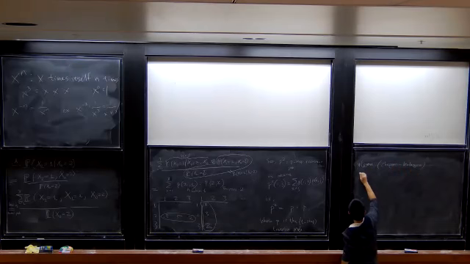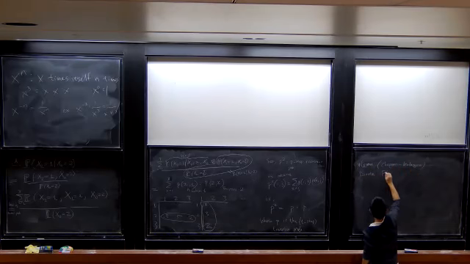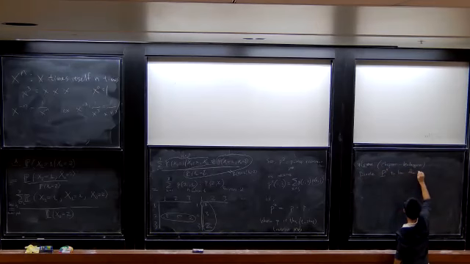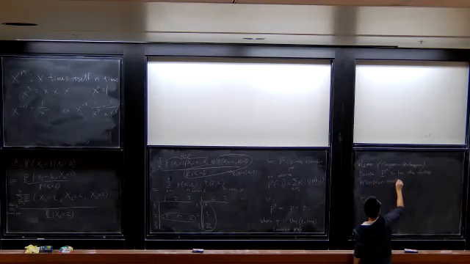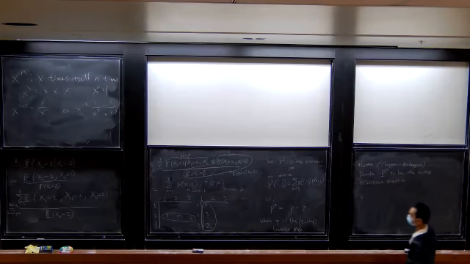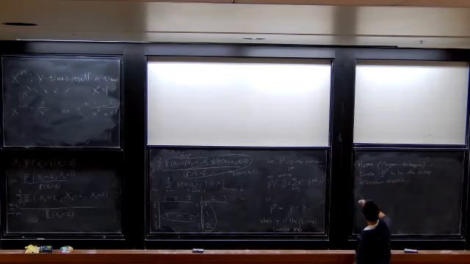In general, if I denote P to the n to be the n-step transition probability, then we have the following.